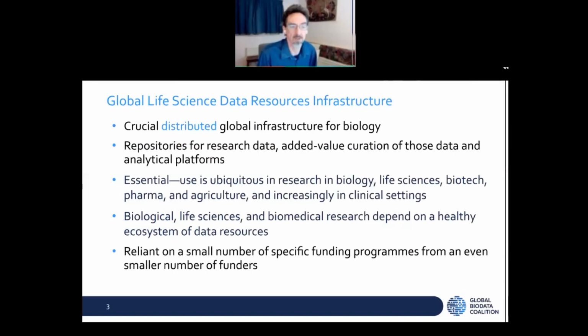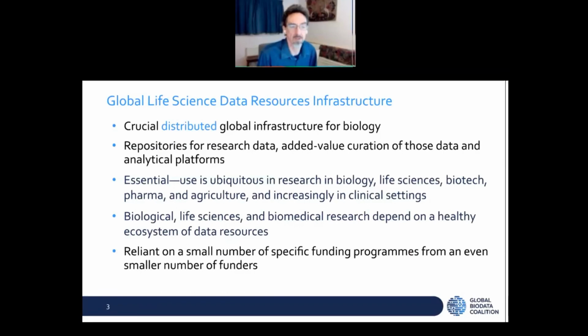But there are other kinds of infrastructures, distributed infrastructures, where the bits of the infrastructure are all over the place. And the life science data resources, which is the worldwide collective set of databases and data resources for life sciences, is a distributed infrastructure.